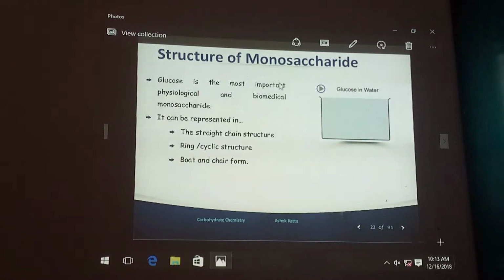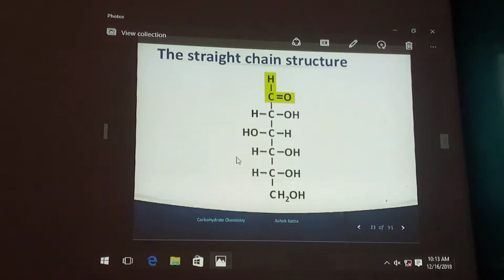Glucose is the most important physiological and biomedical monosaccharide, which we have discussed a bit in previous classes. It can be represented as a straight chain structure or in the form of a cyclic structure, which we can also call a ring structure, and boat and chair conformation. I have discussed this structure, that is, carbon number 1, 2, 3, 4, 5, and 6.